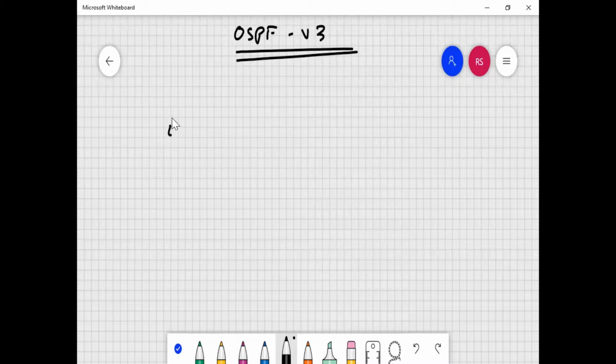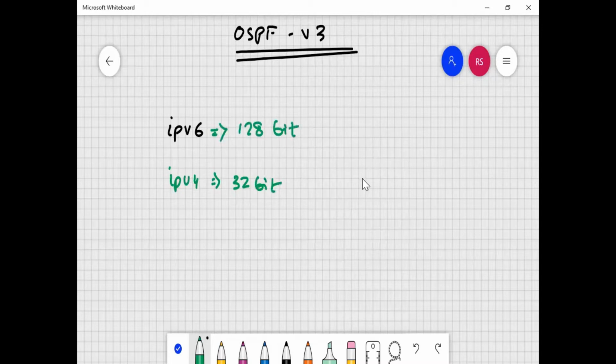And if we talk about IPv6 history, we all should be aware that IPv4 is your 32-bit address, whereas IPv6 is a 128-bit address. In IPv4, you used to write x.y.z.a, whatever, but here the portion would be a little bit different.